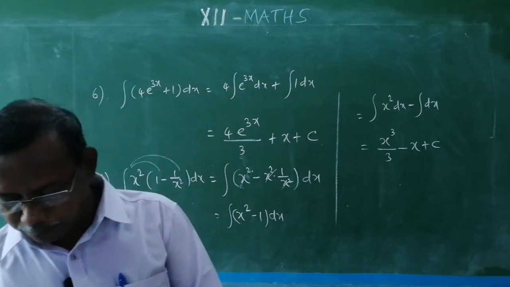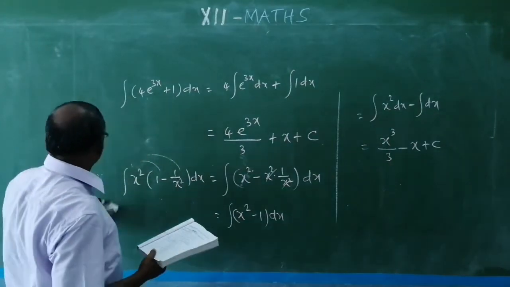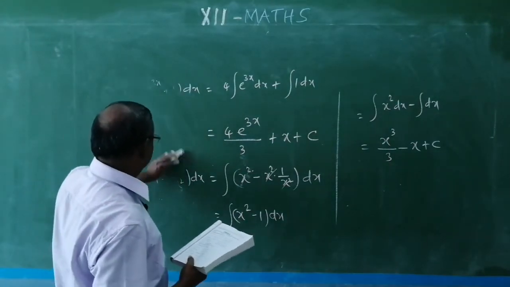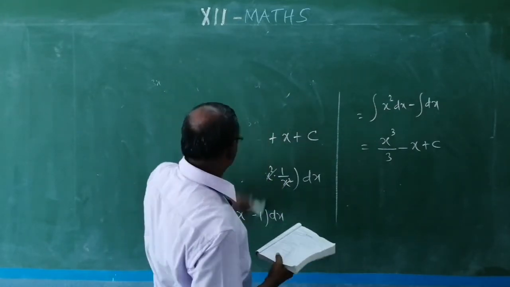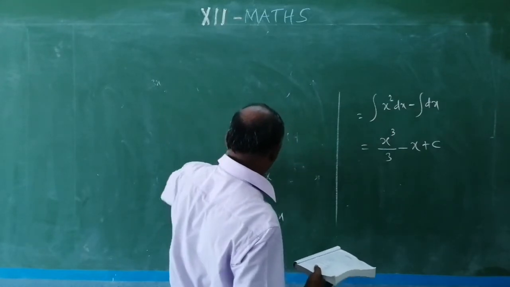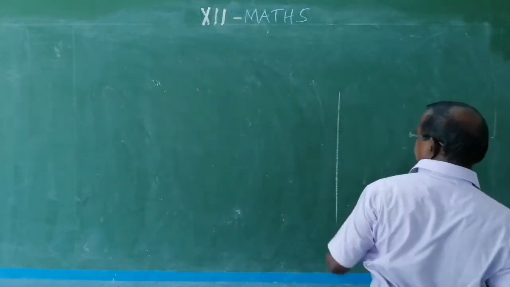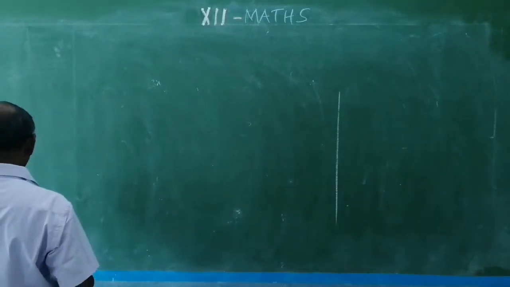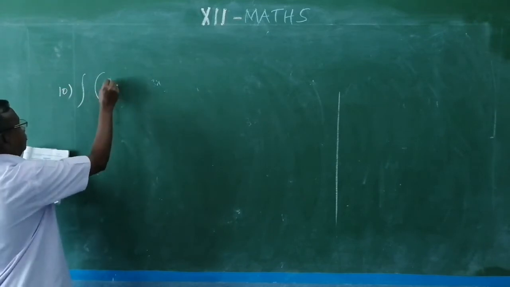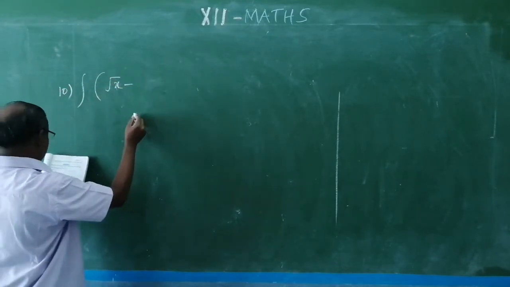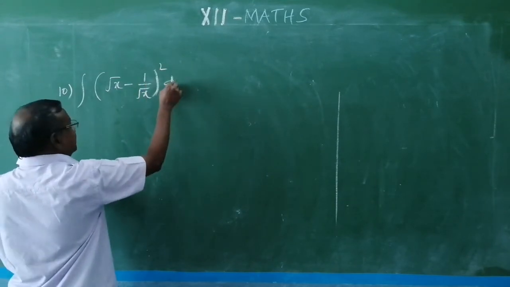So I do the 10th problem. The 10th problem is integral of (root x minus 1 by root x) the whole square into dx.